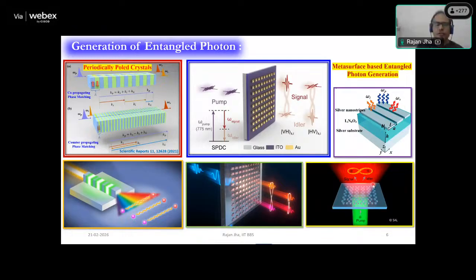There is a lot of research work going in these directions, saying that the two photons are either created by a periodically poled system, or by making some sort of a patterned gold particle or silver particle on some glass coated with ITO, or by making some metasurface. This is another way in which people have been making these entangled photon sources.